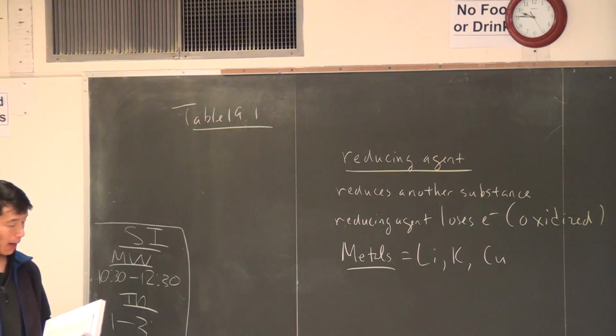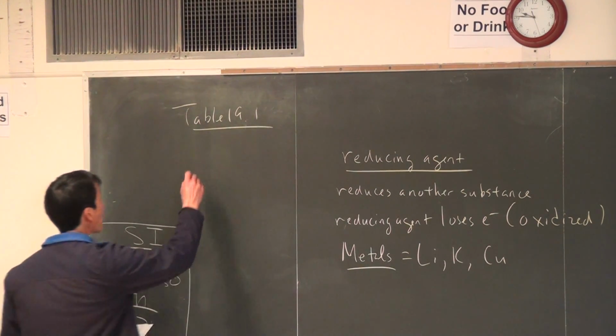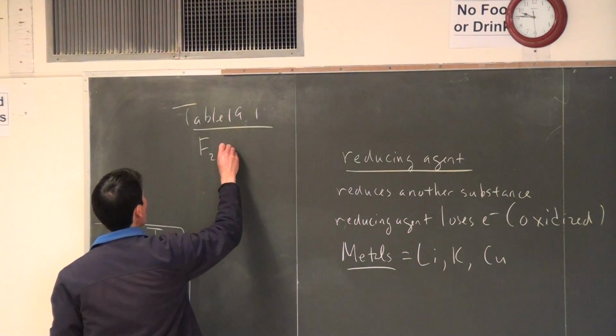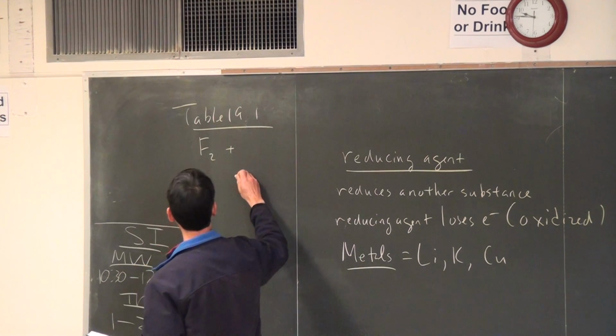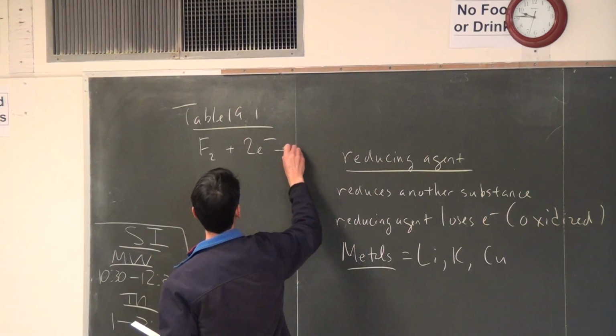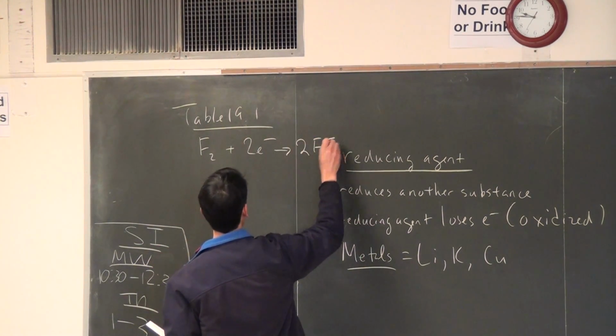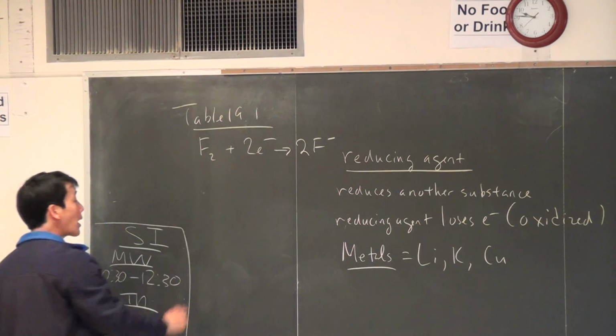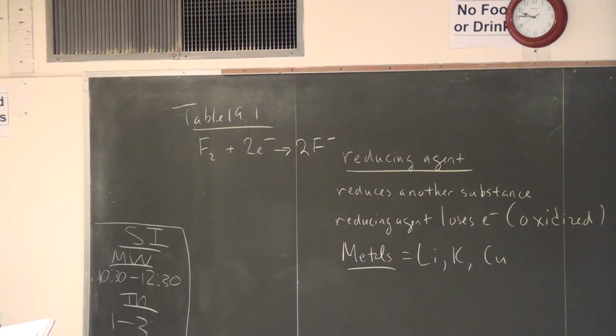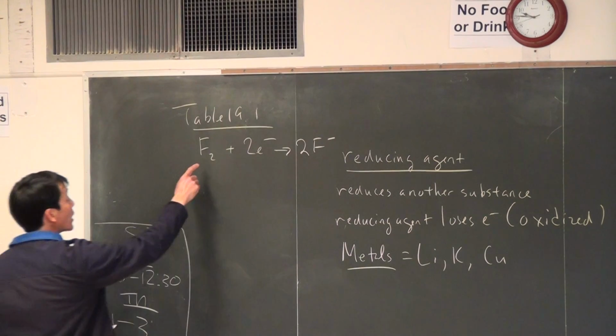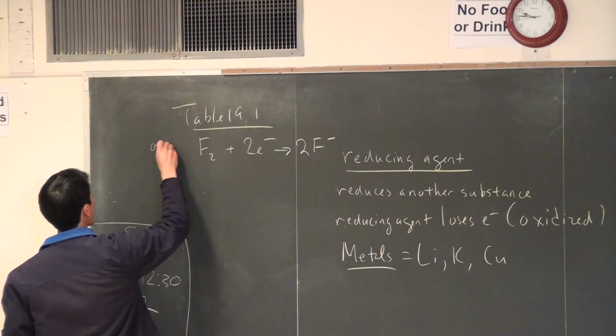So right at the top of the table they show fluorine, so they have F2 plus 2 electrons going to 2 fluoride ions. So is fluorine an oxidizing agent or a reducing agent? Oxidizing agent. Yeah, so as we discussed, this is an oxidizing agent.